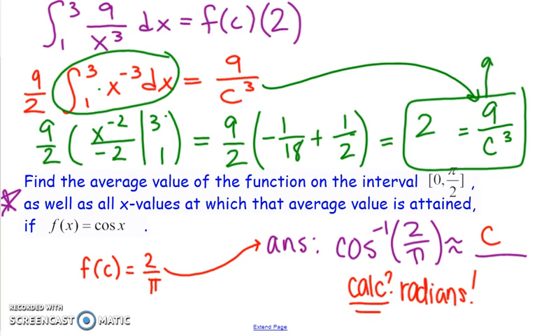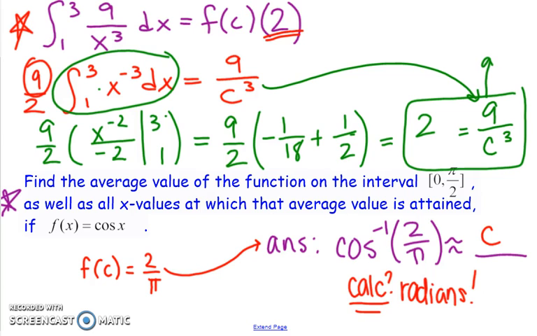But just to talk about this one real quick, we want to find the special c. We're going to start by setting up our MVT for integrals. You're going to integrate this 9x to the negative third, hold out the 9 in front, and divide it by the 2 that was over here.